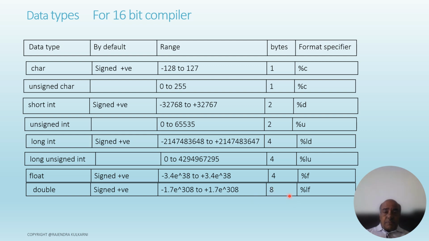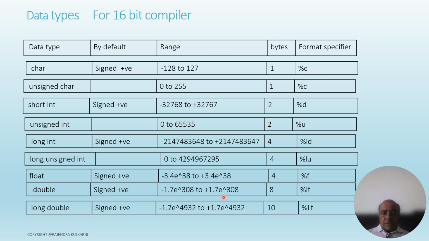It gets 8 bytes in memory and its format specifier is %lf, l small. You can see the value it can hold, minus 1.7 e raised to 308 to plus 1.7 e raised to 308. So a huge value.